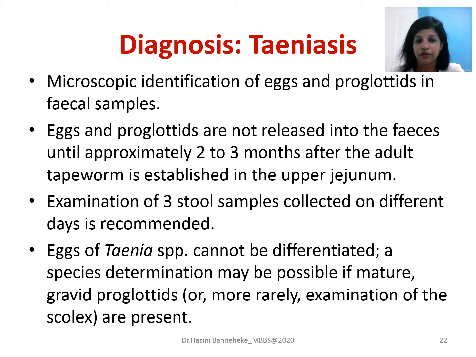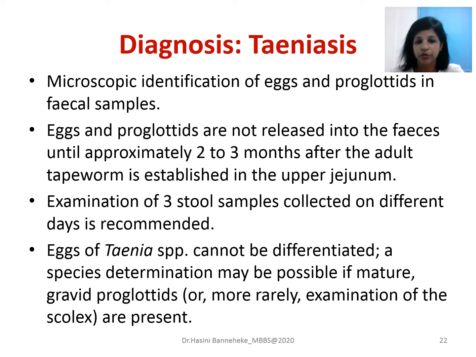These are generally not released into the feces until about 2 to 3 months after the adult infection is settled in, and the frequency of passage is not constant, so you need to take about 3 samples on different days to identify that the patient has a Taenia infection.